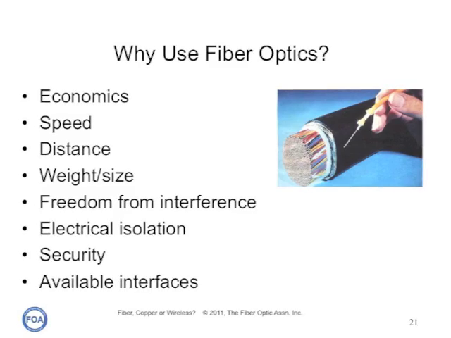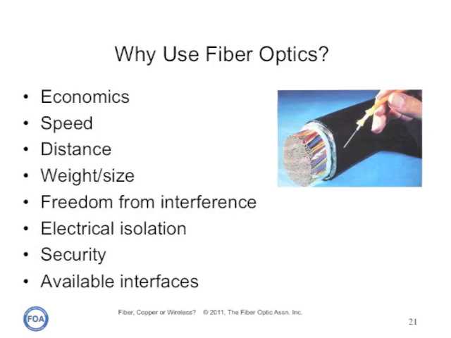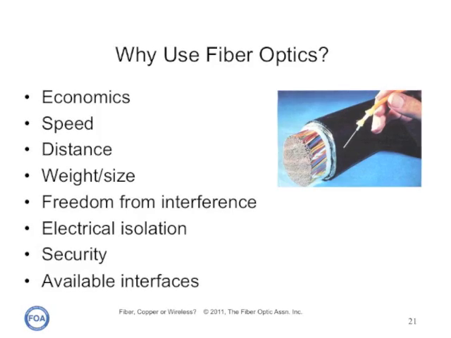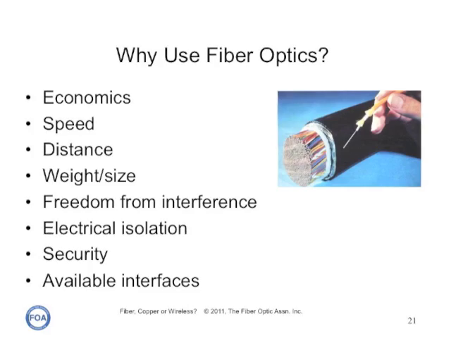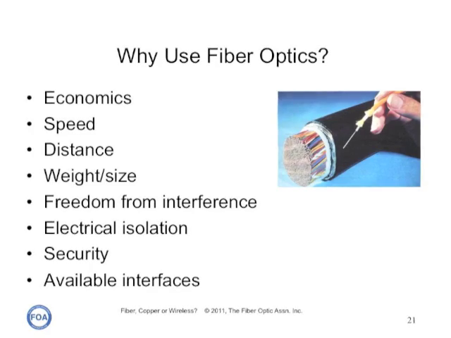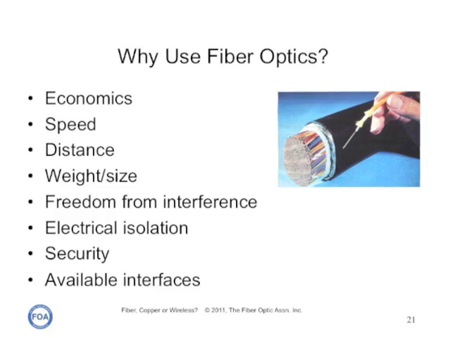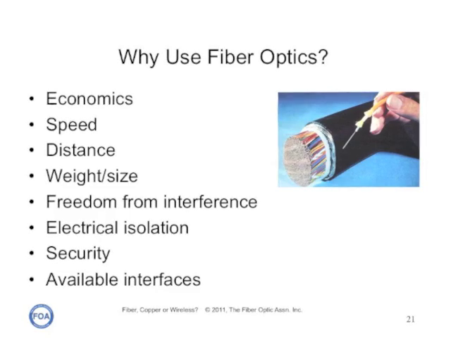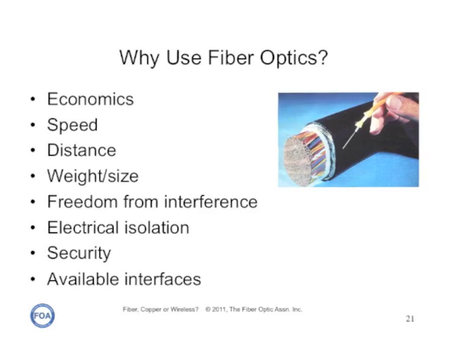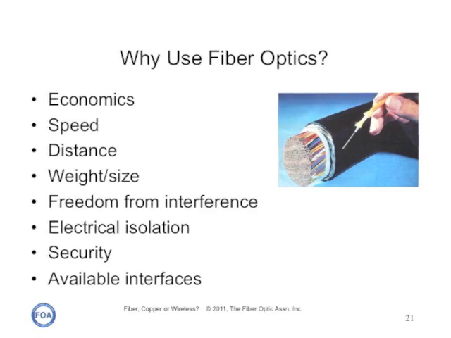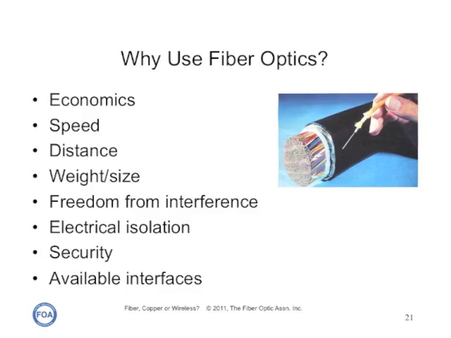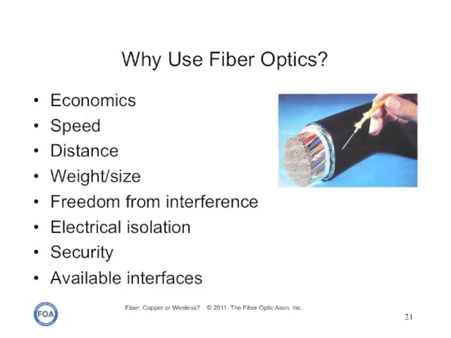Fiber provides advantages in weight and size, making it easy to cable. It offers freedom from interference with electrical isolation and security. It's very hard to tap. And every network is available with an interface for fiber, either directly or with a media converter.